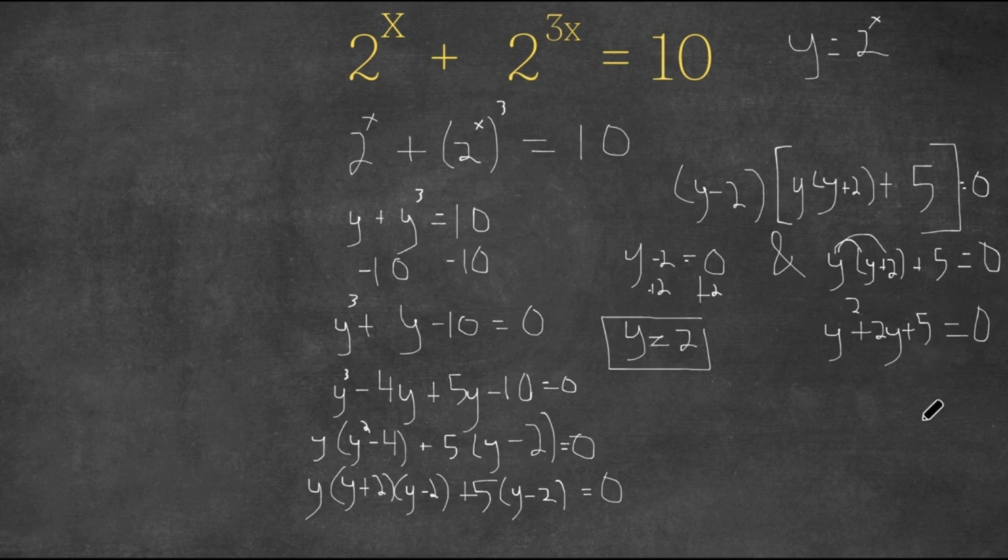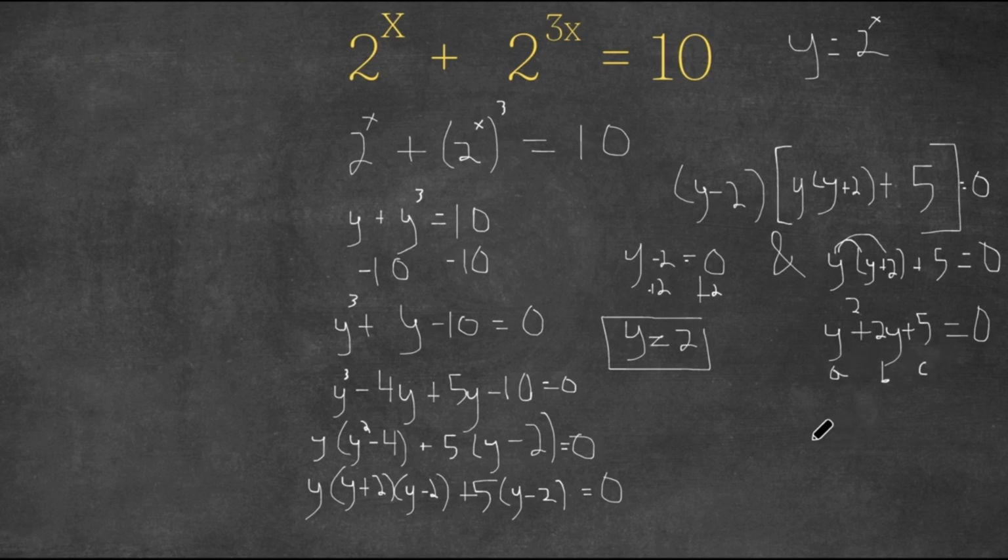And now, as you see, we have a quadratic equation here, and we want to solve this, right? So we're going to use our quadratic formula, negative b plus or minus the square root of b squared minus 4ac all over 2a. So b, remember, y squared is a, 2y is b, and 5 is c.